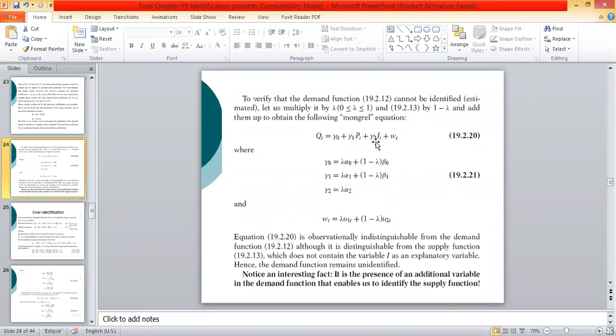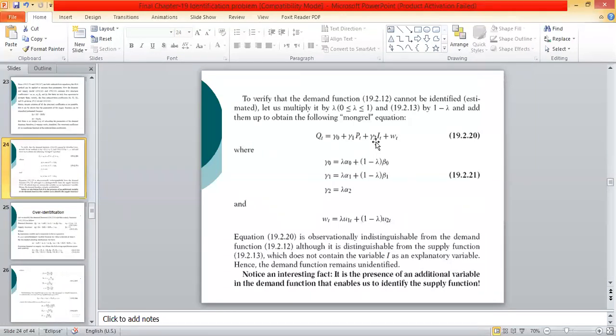But on the other hand, when we look at the identification of the supply equation, we compare the supply equation with the bogus equation, and we can see that the supply equation is observationally distinguishable from the bogus equation, because the supply equation is Q equal to beta naught plus beta 1 Pt plus error term, but the bogus equation is gamma naught plus gamma 1 Pt plus gamma 2 It.